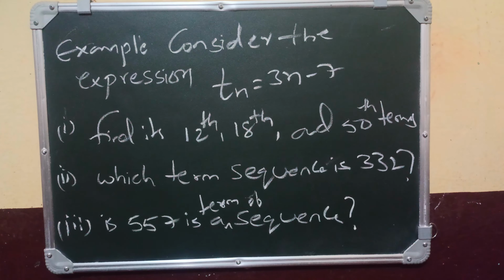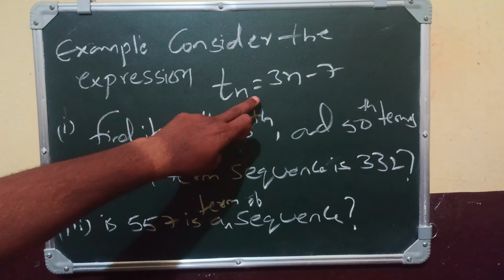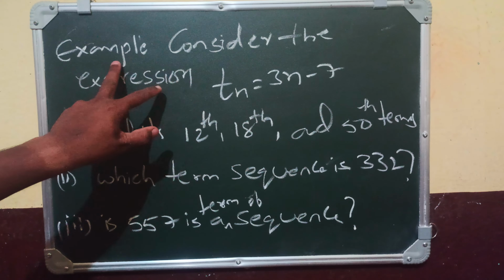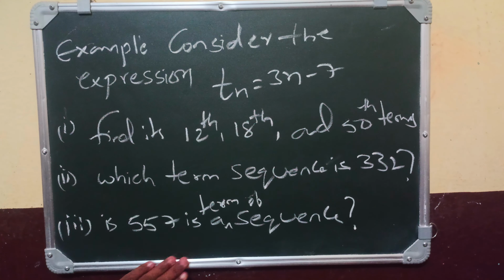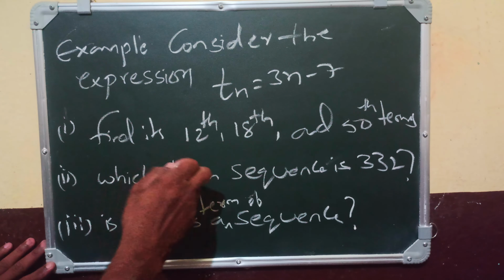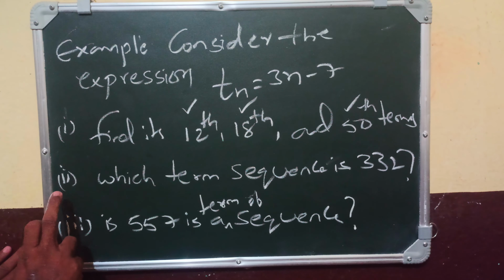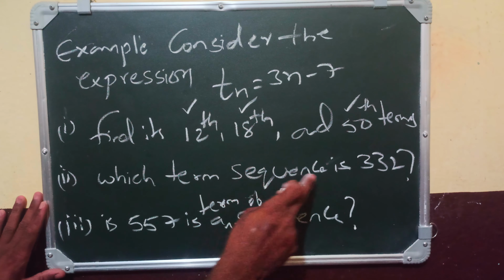Now you can see an example. Consider the expression: Tn is equal to 3n minus 7. We have to find the 12th term value, the 18th term value, and the 50th term value. The second question asks which term of the sequence is 332.